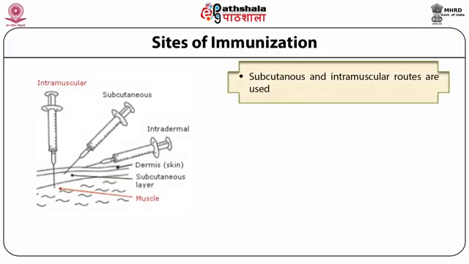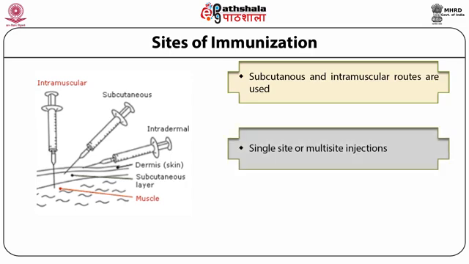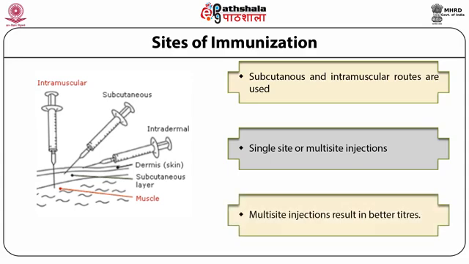In experimental immunology, the immunization injections may be given simply intradermally, that is in the skin, or they may be given intramuscularly or subcutaneously. Single site or multi-site injections may be used. Multi-site injections provoke the immune system by different routes and generally result in better titers of the antibodies in the blood of the animal.